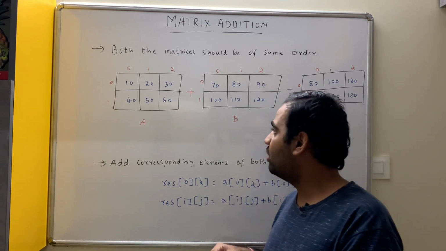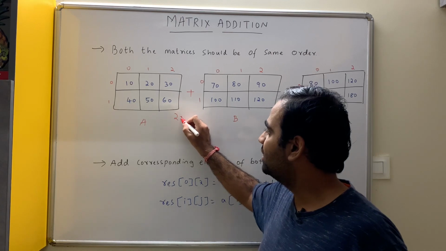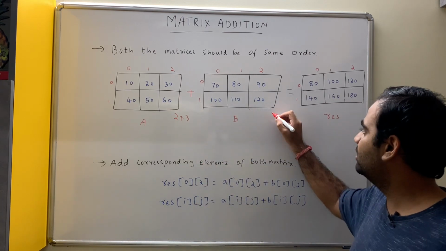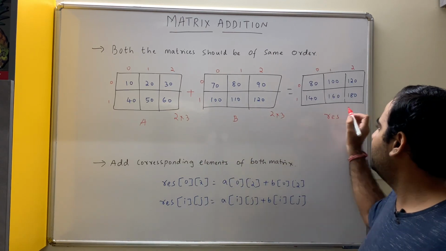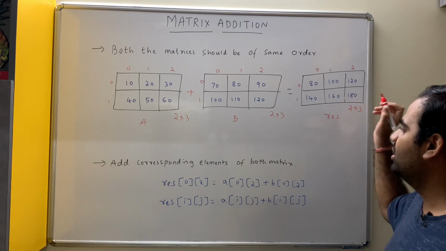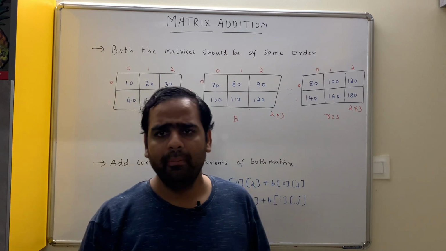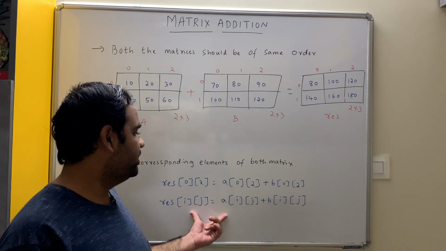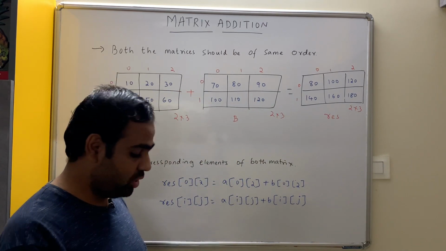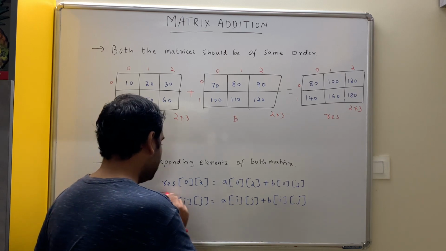If the order of A is 2 cross 3, the order of B should be 2 cross 3, and the resultant matrix will also be of order 2 cross 3. This is how we perform matrix addition, and this is the generalized formula.